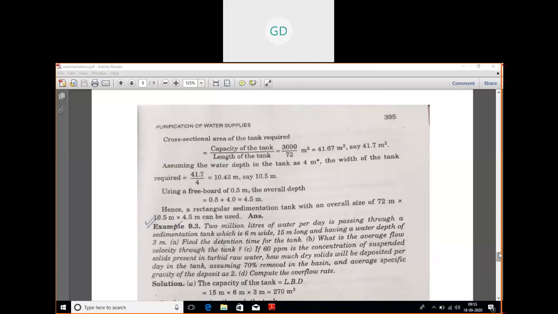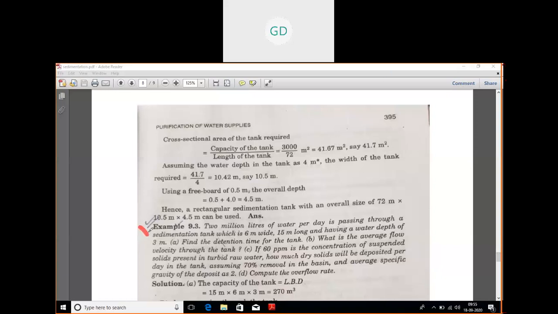This question is your assignment. The notes I will share today. You see how they have done, and then you again note it down in your copy as your assignment. This is question example 9.3.